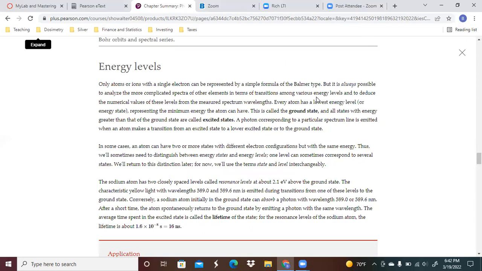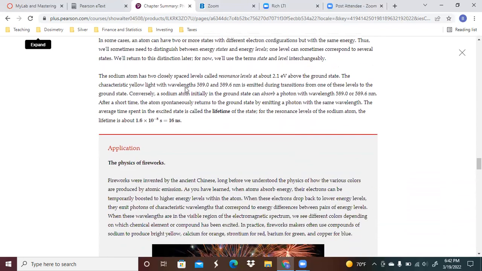Every atom has its lowest energy level, representing the minimum energy that the atom can have. It's called the ground state. And all states with energy greater than that of the ground state are considered to be excited. A photon corresponding to a particular spectrum line is emitted when the atom makes a transition from an excited state to a lower excited state, or perhaps the ground state.